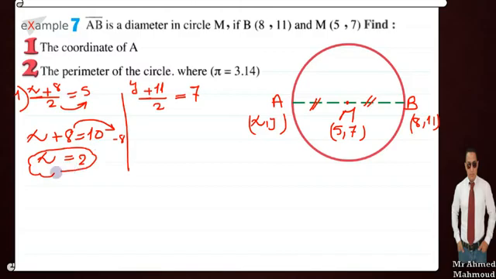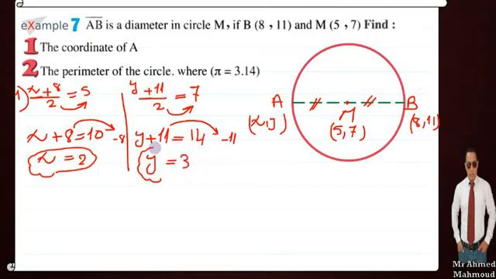This is the coordinate of X. For Y, 2 times 7 equals 14, then Y plus 11 equals 14, then subtract 11, so Y equals 14 minus 11 equals 3. Okay, now A equals (2, 3). This is required number 1.